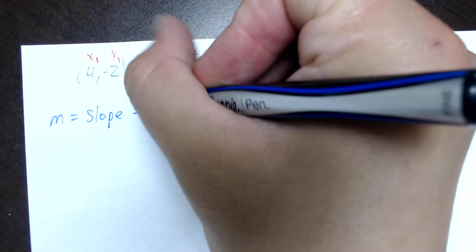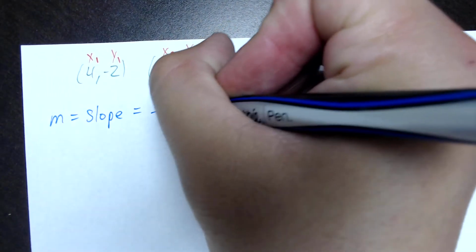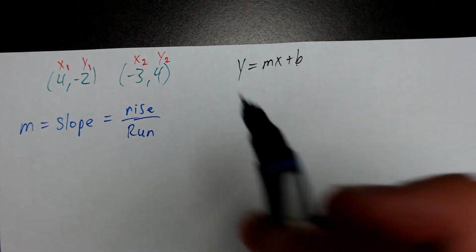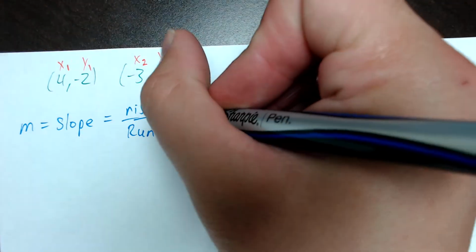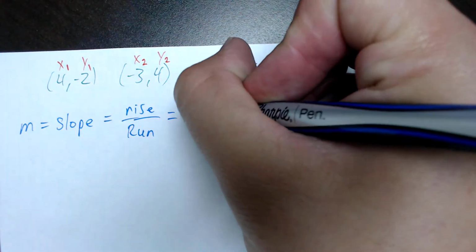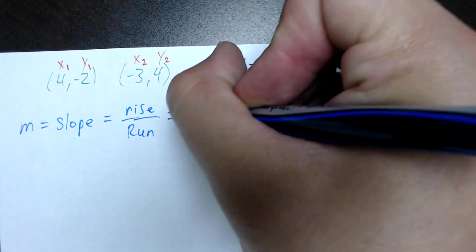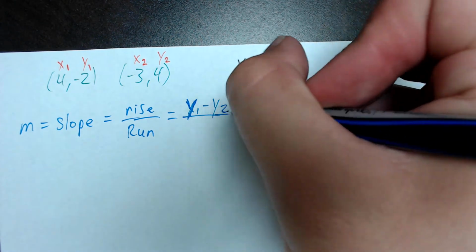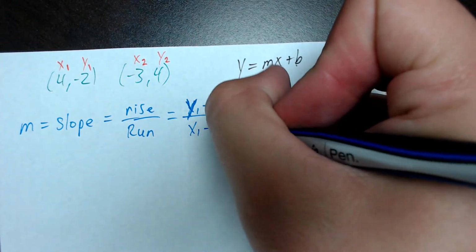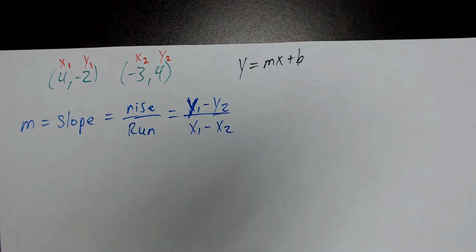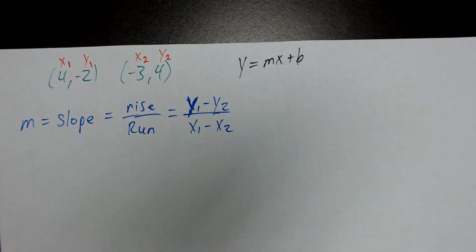Slope equals rise over run, and there's an equation for slope that we can calculate if we have 2 points like this. The equation for the slope is y1 minus y2 divided by x1 minus x2. We're adding this last little bit of knowledge. This is called the slope equation, or slope formula.